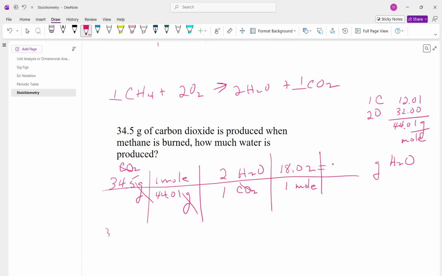Three sig figs, 4 sig figs, infinite sig figs, 4 sig figs. So 3 sig figs for an answer.